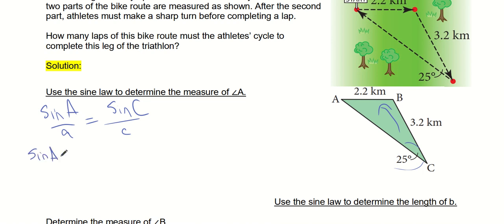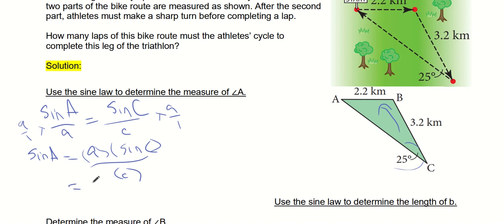Sine capital A equals, multiplying both sides by a over 1, a in brackets times sine capital C over c in brackets.